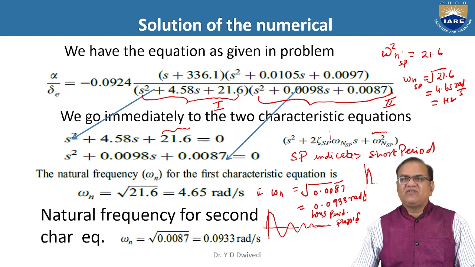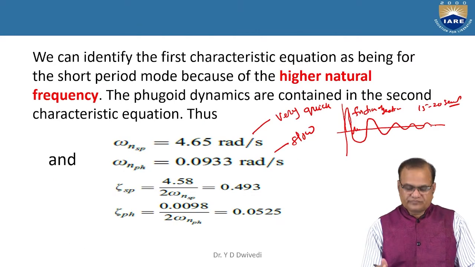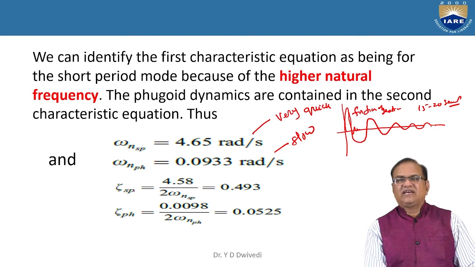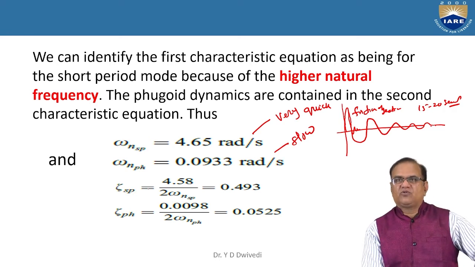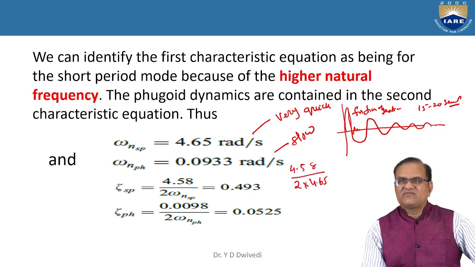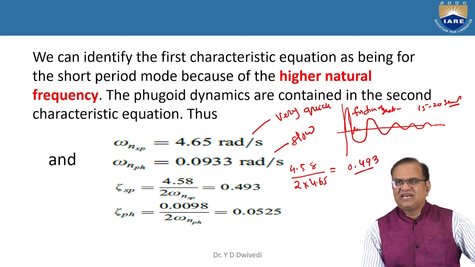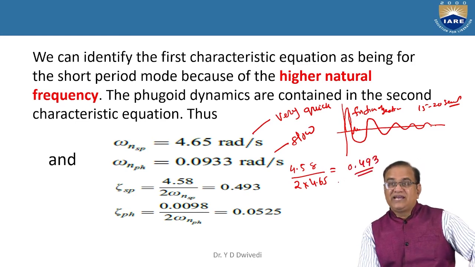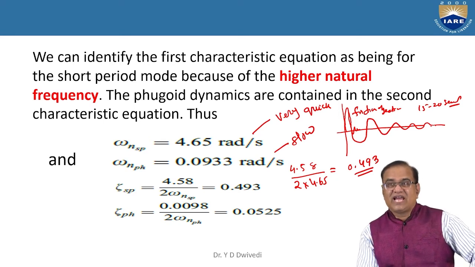So from here we get zeta short period is equal to 4.58 divided by 2 into 4.65. So you will get 0.493. So the damping ratio is 0.493.